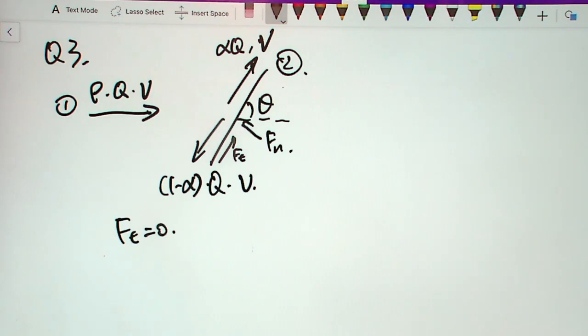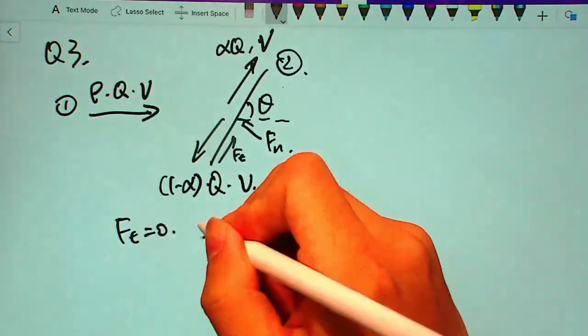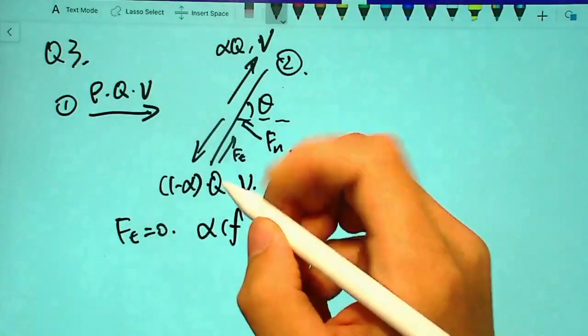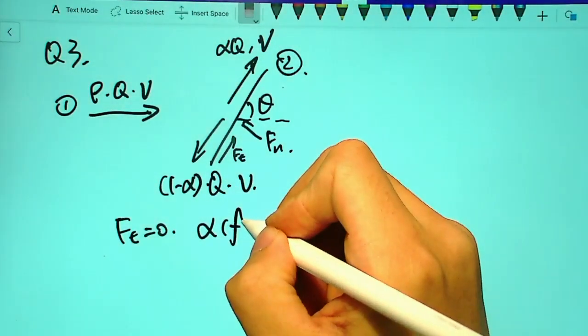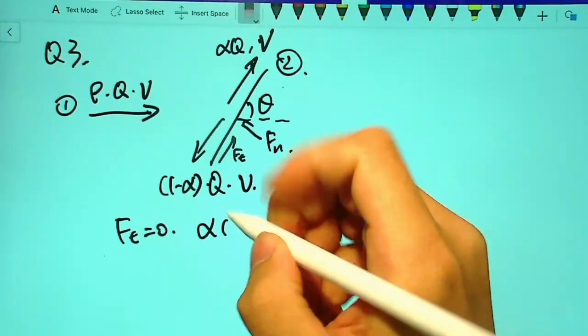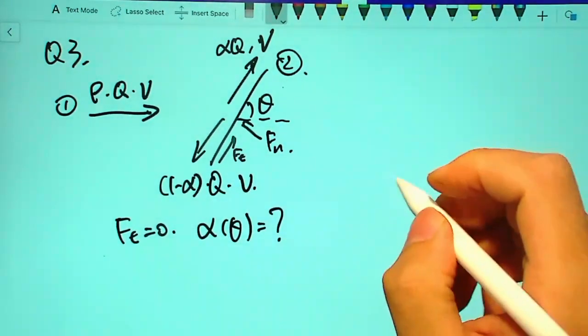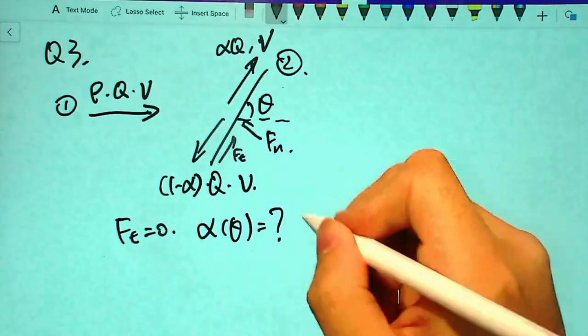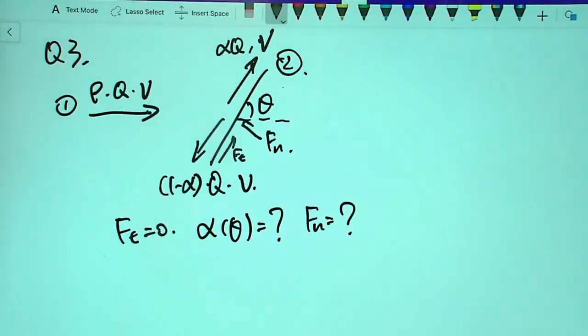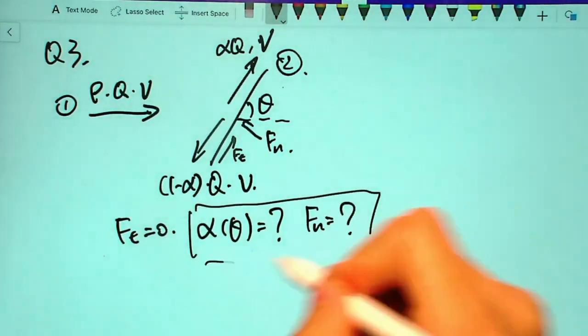One is, under this condition, find alpha. So alpha should be a function of theta. So find alpha as a function of theta, and also find Fn.